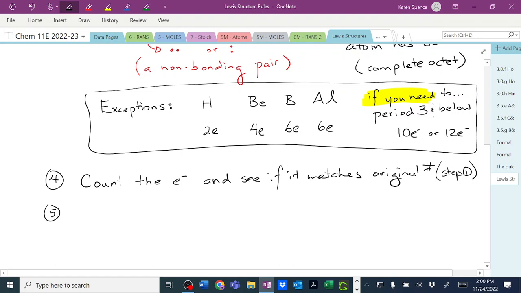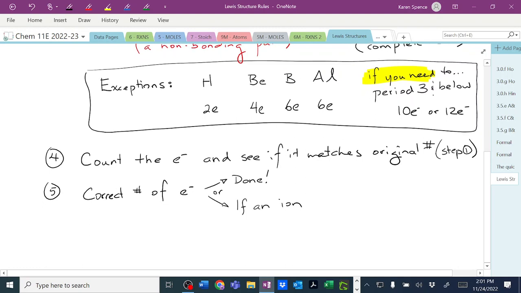In step 5, we say if there are the correct number of electrons, then either you're done, or if it's an ion, what do you need to do if it's an ion? Brackets, yes, and charge.